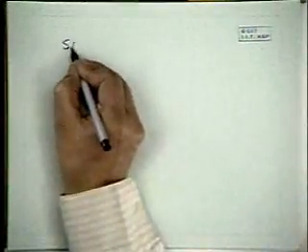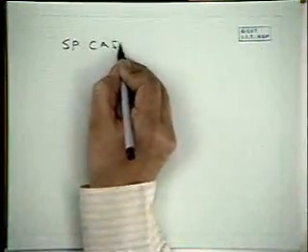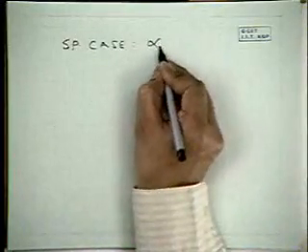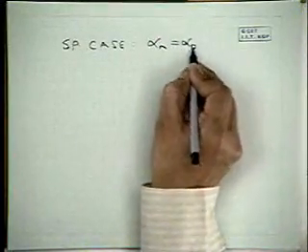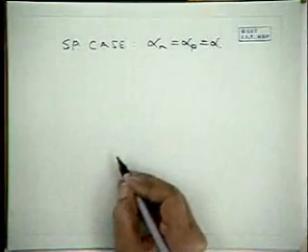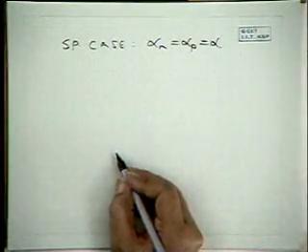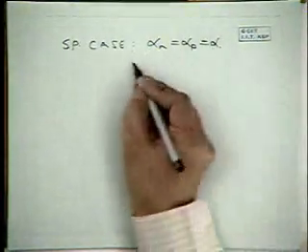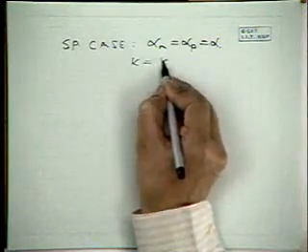Suppose we take the special case where, just for simplicity, alpha n is equal to alpha p. This is not a very realistic case. Then k equals k', which is equal to 1.